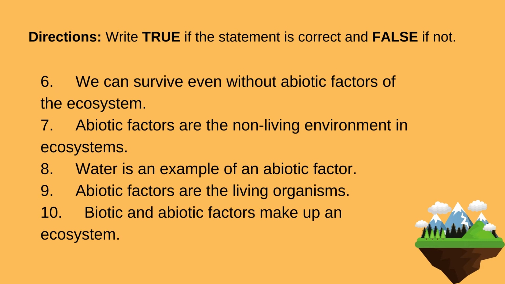Number 7. Abiotic factors are the non-living environment in ecosystems. Number 8. Water is an example of an abiotic factor. Number 9. Abiotic factors are the living organisms. And number 10. Biotic and abiotic factors make up an ecosystem.